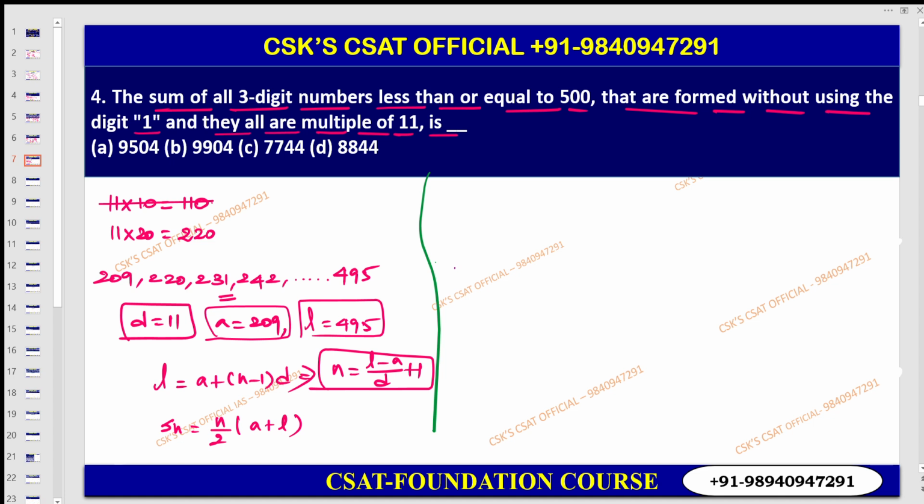Then you need to check the numbers which contain 1, like 231. Here 1 is there, no? So like that you need to subtract. Okay, I gave you the clue. So try here.